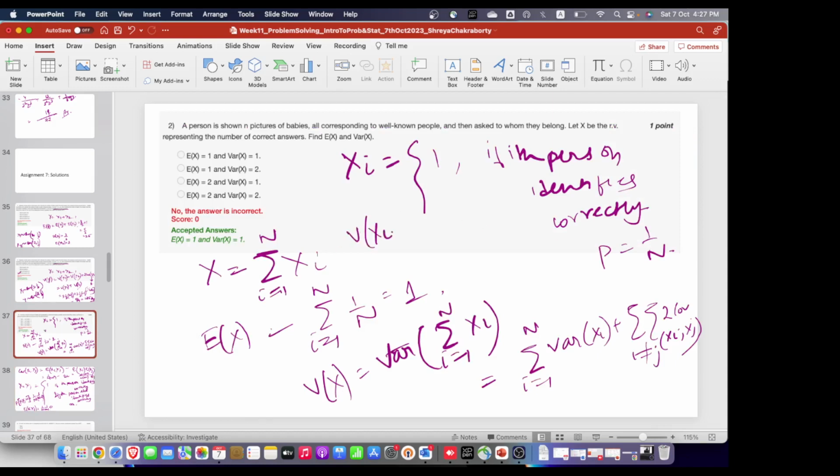So variance of Xi will be 1 into 1 by n minus 1 by n square. So we just have to substitute these individual values over here, and then finally we would end up at variance of X is also equal to 1. The detailed solution I did last week, you can go back and check. Alright.